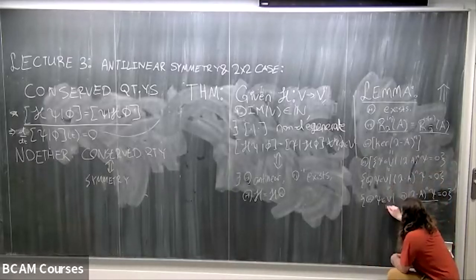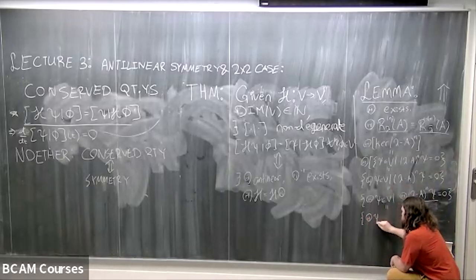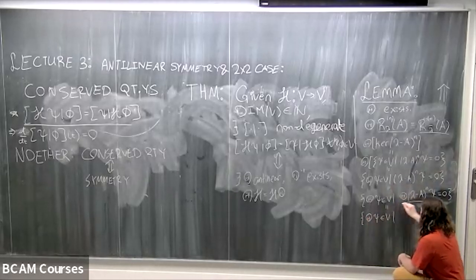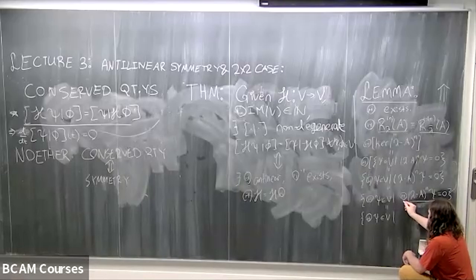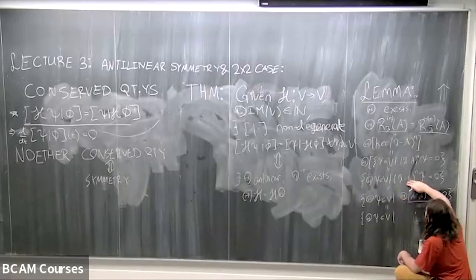Okay, now you can easily show, you can formalize this using induction if you want, that theta commutes with the identity operator, and theta commutes with, I guess somehow I changed letters again, so maybe this A should be an H. Okay, sorry about that.